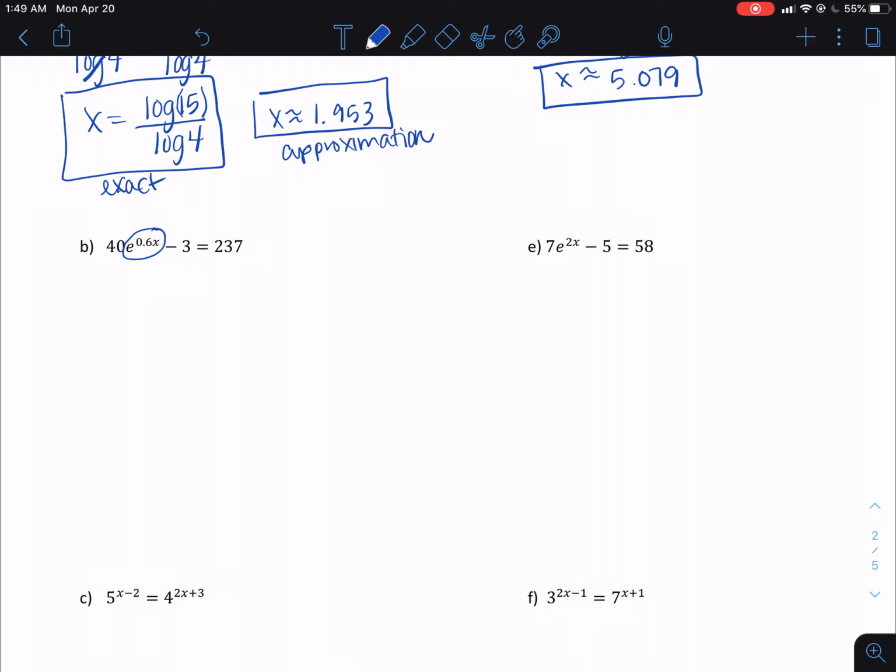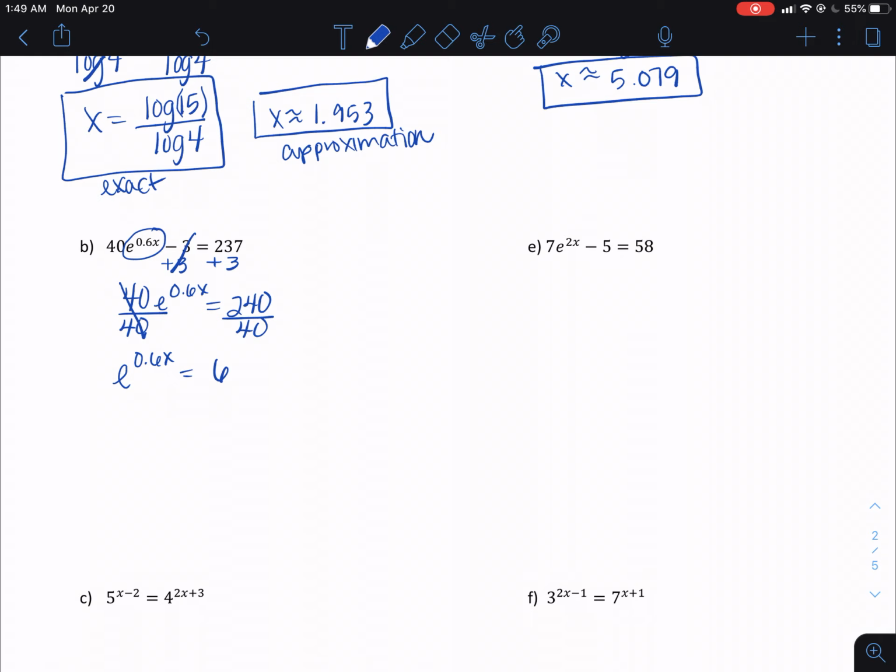Let's start off by adding 3 to both sides. So 40 e to the 0.6x equals 240. And let's get rid of this 40 on the left by dividing. So we have e to the 0.6x power equals 6.